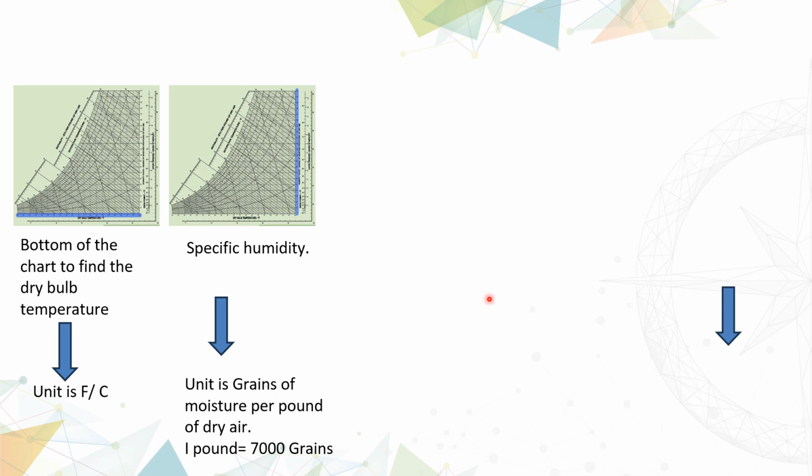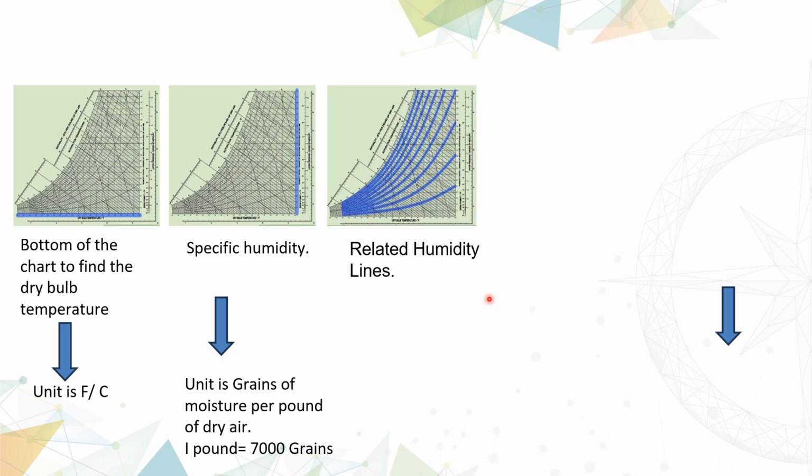Third thing, you will get to know about relative humidity, and this line you can see here, the curved line, is the relative humidity. What is relative humidity? Relative humidity is the ratio of the current amount of moisture in the air to the maximum amount of moisture the air can hold at the same temperature.